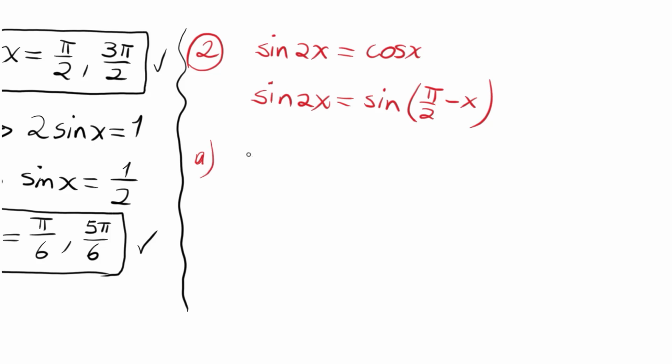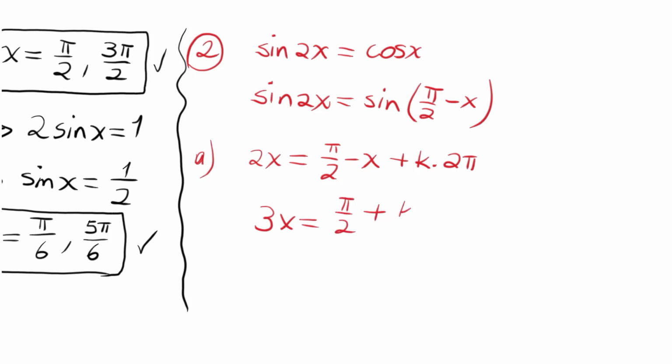results from this one. 2x can be equal to pi over 2 minus x plus k times 2 pi. So 3x is equal to pi over 2 plus k times 2 pi, and dividing by 3, x is equal to pi over 6 plus k times 2 pi over 3.